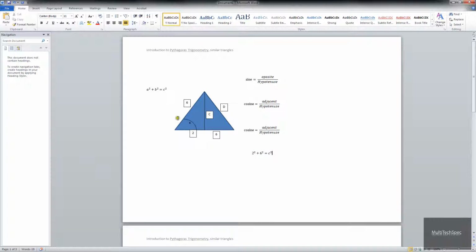Now, I've actually got this the wrong way around. 6 squared is the longer side, so that's obviously wrong, because 6 is the hypotenuse. I've entered this wrong, because in Pythagoras the hypotenuse is always the longest side.